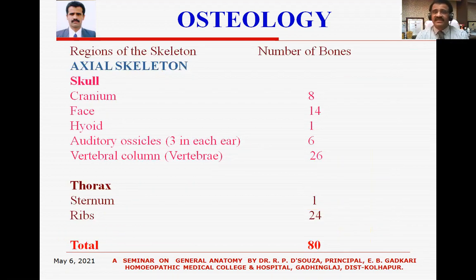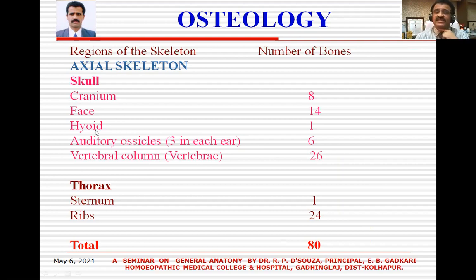Let's talk first about the axial skeleton. The regions of the skeleton are mainly two parts, axial and appendicular. In the axial skeleton, there are a total of 80 bones altogether in a body. You can see the names of the bones and the number of bones in this chart. The skull actually has two parts, that are cranium and face.